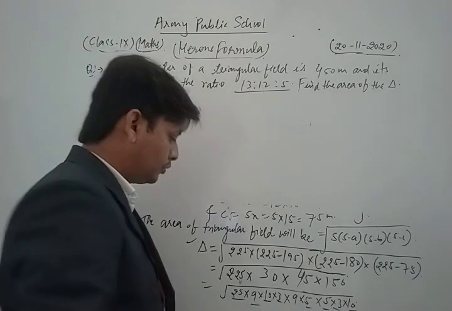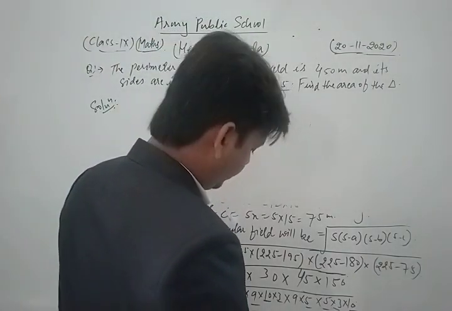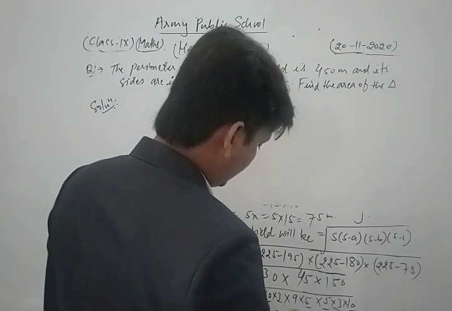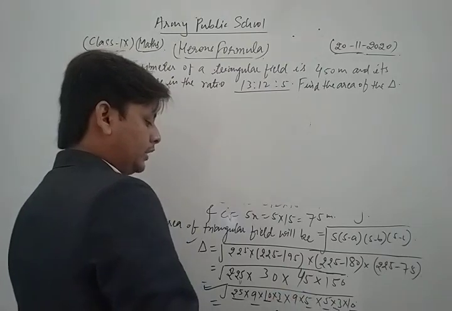After simplifying them, you get your result as 6750 meter square. This is our required answer. Now after solving them, you get your result.